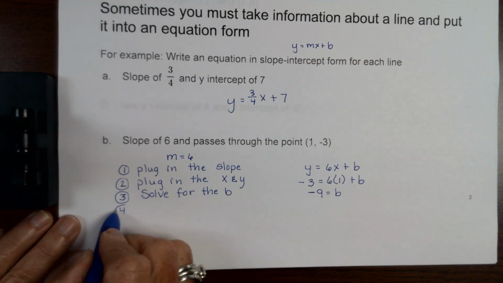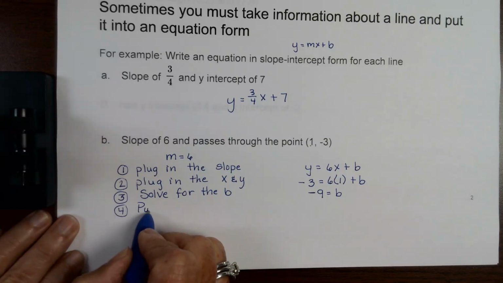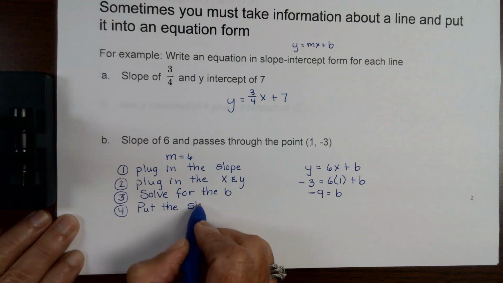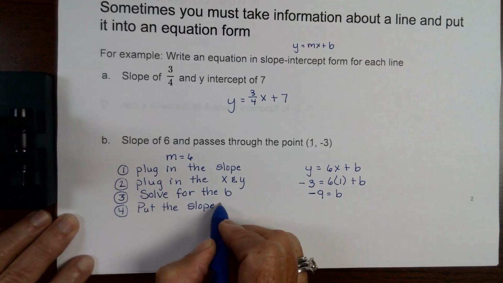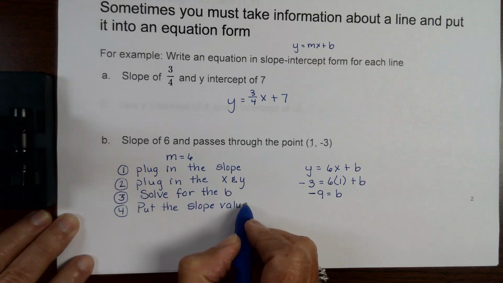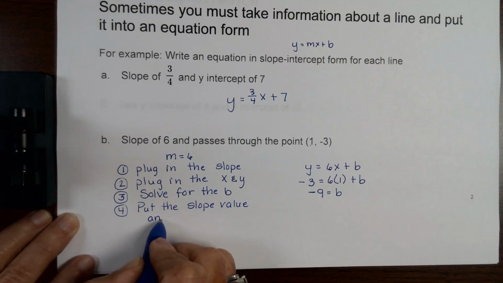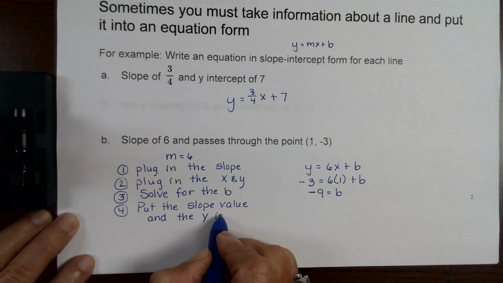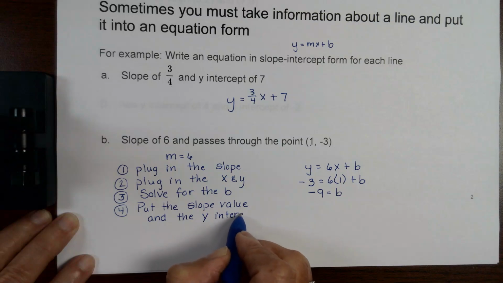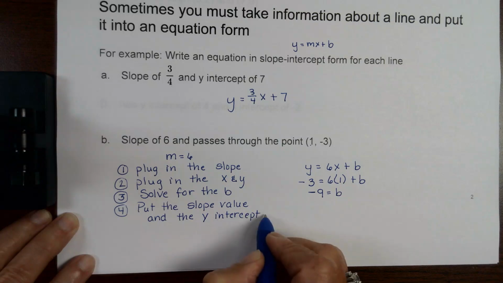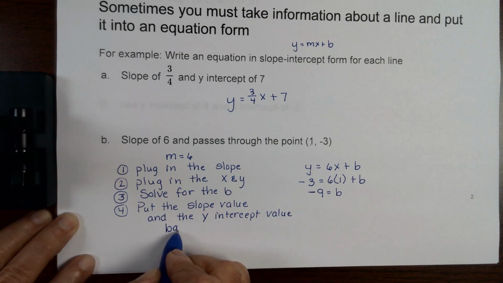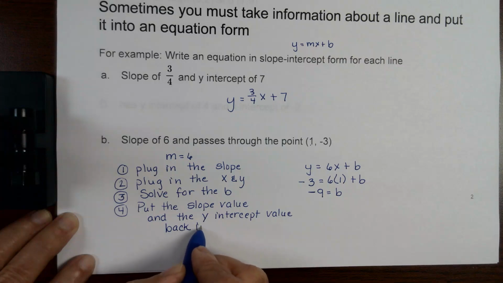And my fourth step is put the slope value and the y-intercept value, which is the same thing as b, back into the equation.